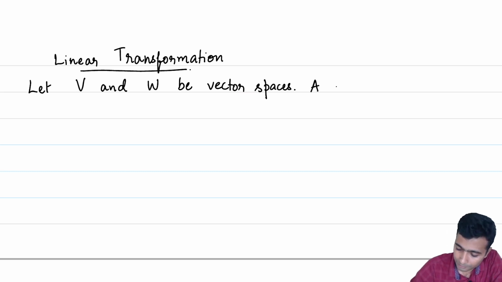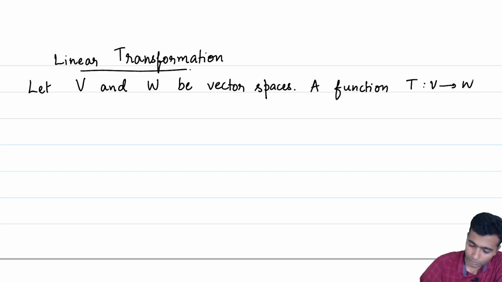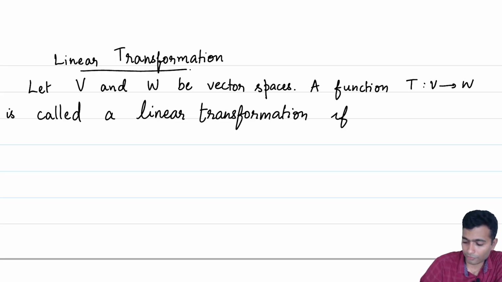A function T, that's called T for transformation, from V to W is called a linear transformation if the following are satisfied.